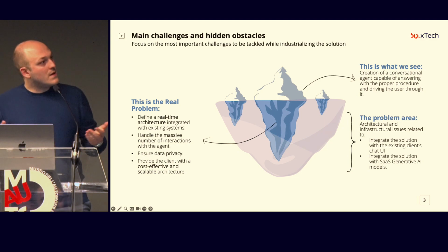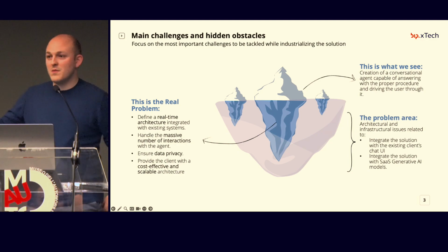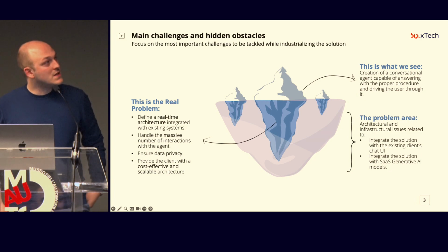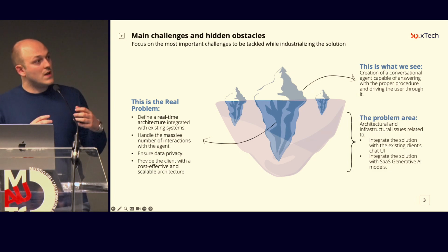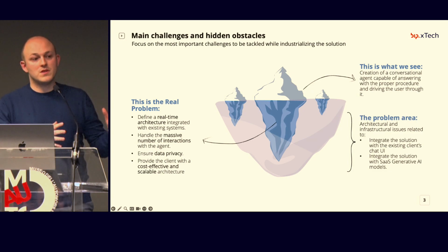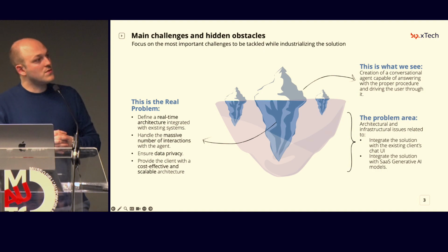But there is the part under the sea that you don't see. That is, for example, you have to connect the solution to a specific UI, so you have some limitations related to Microsoft Teams, and later we will see how to deal with them.